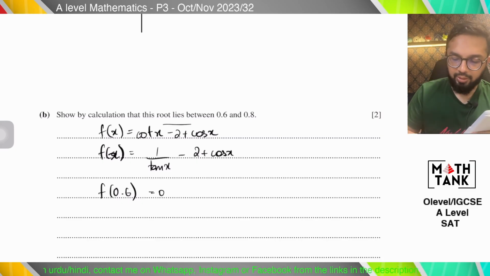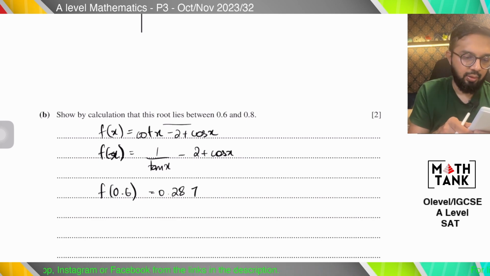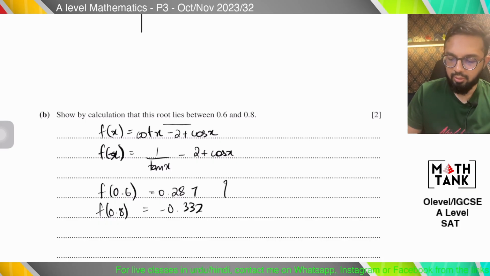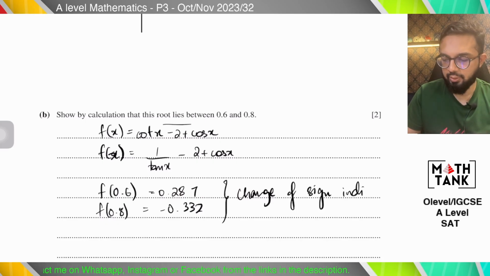This is giving me 0.287, then 0.8, minus 0.332. Okay, change of sign indicates root.